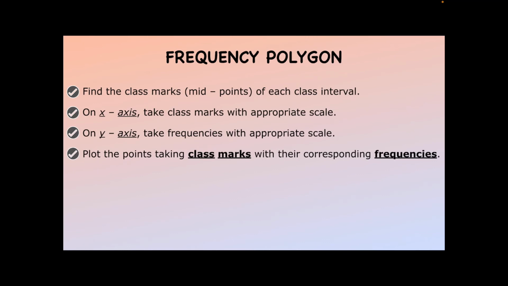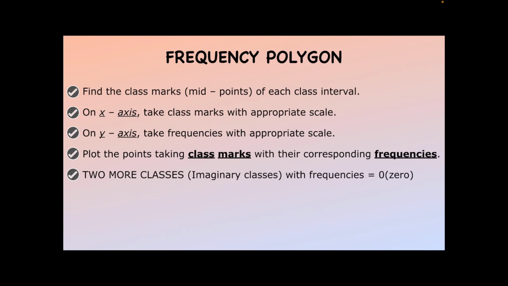So, we have to take the points as class marks and frequencies. Now, the important thing is we have to take two more classes that are called imaginary classes, which are not actually given in the data, and we have to take the frequencies of these imaginary classes as 0.